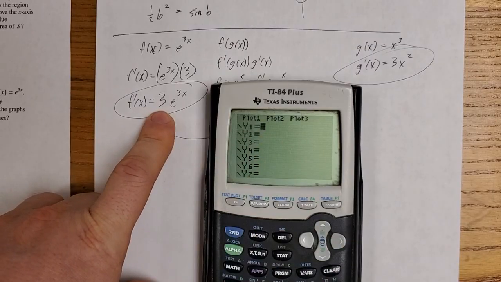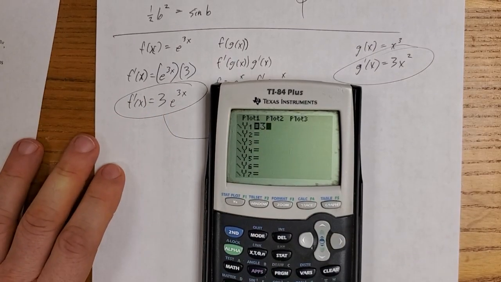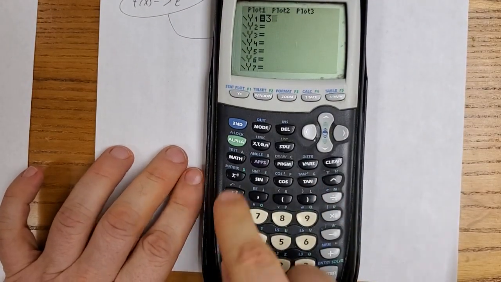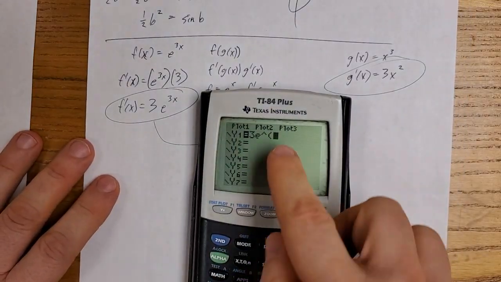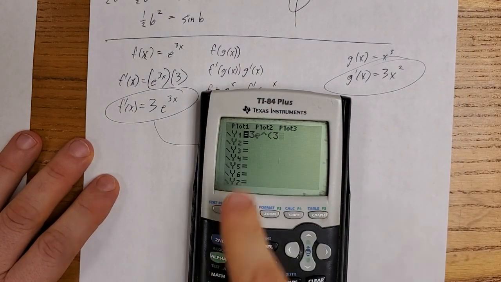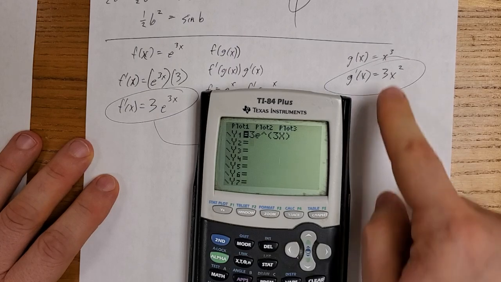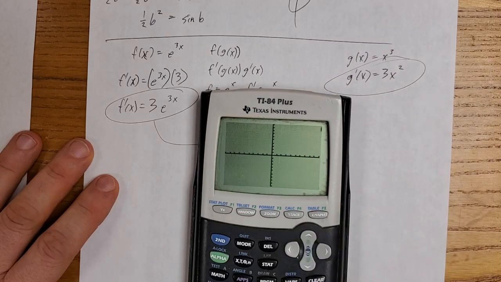The first one is 3 times e, which is the second function of natural log, to the power of 3x, and the other one is simply 3x squared. And we're going to graph that out.